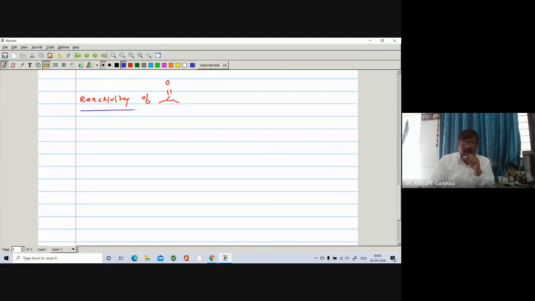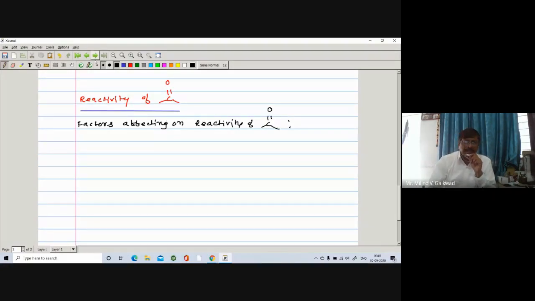Reactivity of carbonyl compound means whether aldehydes are more reactive or ketones are more reactive, or the factors affecting the reactivity of the carbonyl compound. So we can say here: factors affecting the reactivity of the carbonyl group.